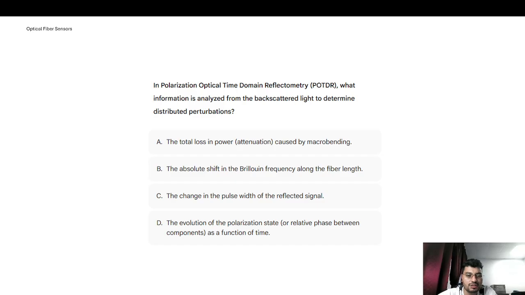B, the absolute shift in the Brillouin frequency along the fiber length. Option C, the change in the pulse width of the reflected signal. And the last option is the evolution of the polarization state or relative phase between components as a function of time. What's your answer?